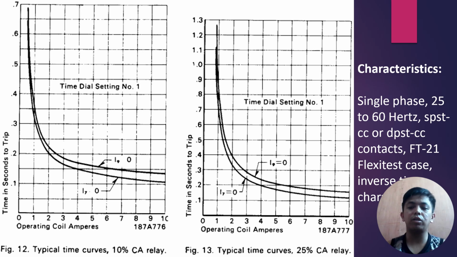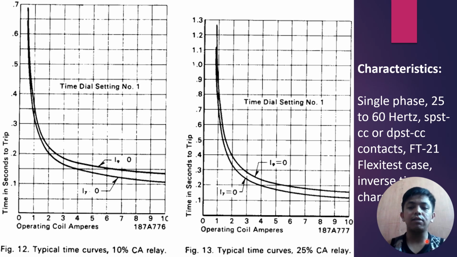This curve shows the inverse time characteristics of 10% and 25%. The horizontal axis represents the operating coil current, while the vertical axis shows the time to trip in seconds.